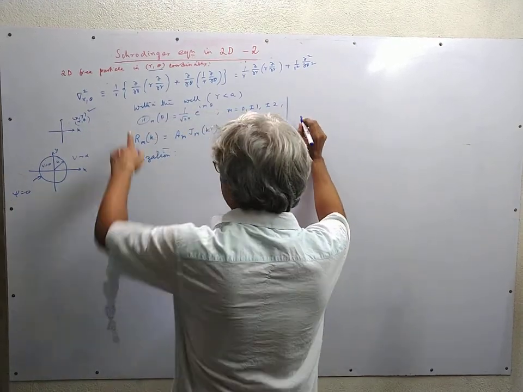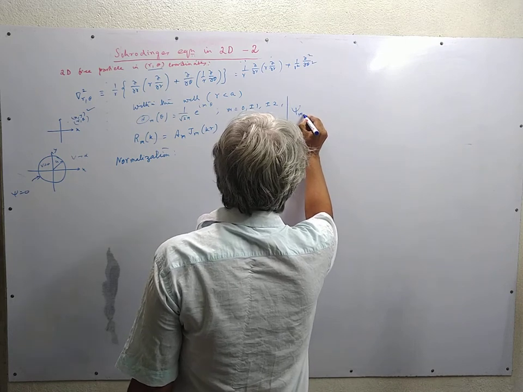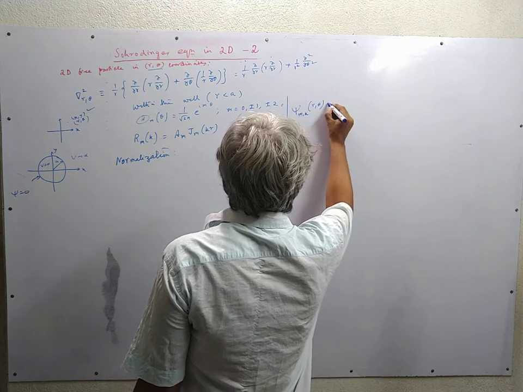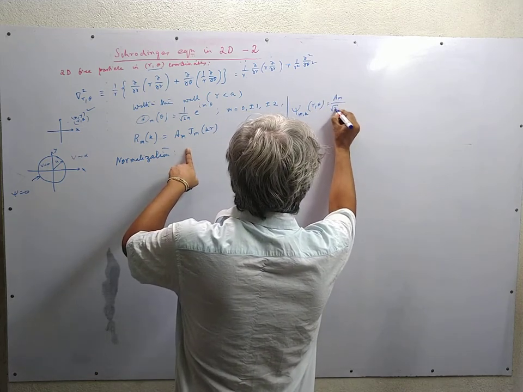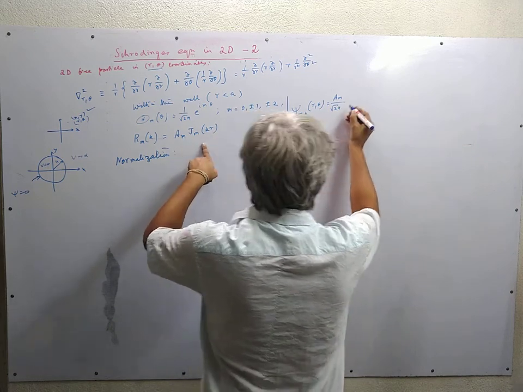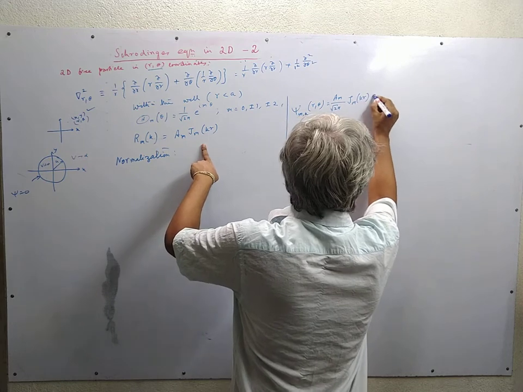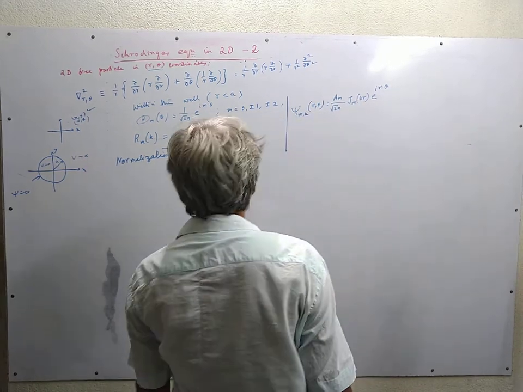So for a particular m, the wave function depends on m and k, and psi of r theta is equal to, this is the wave function.